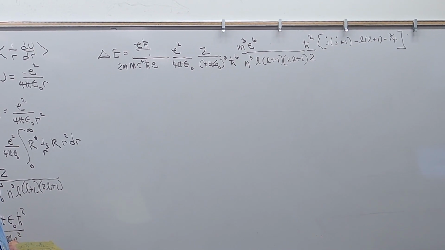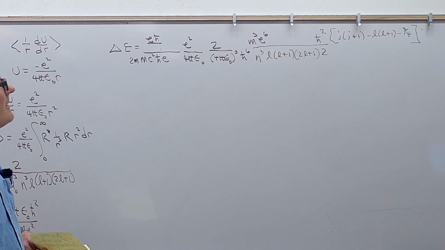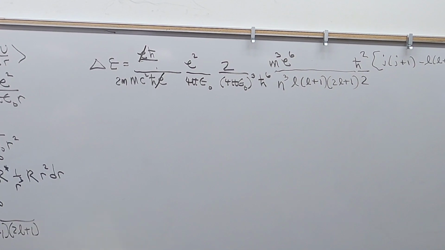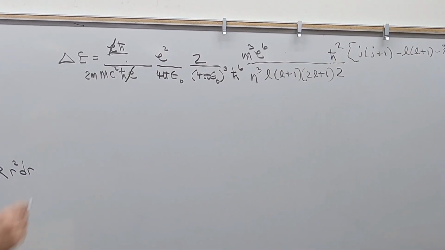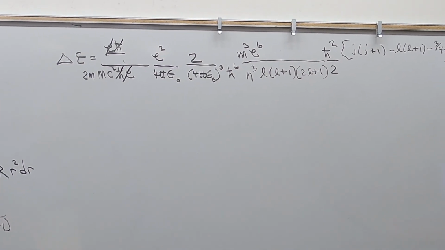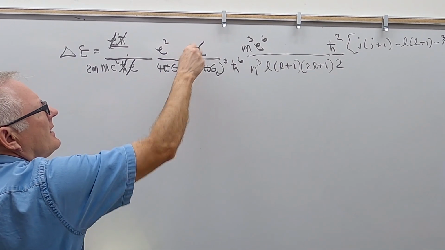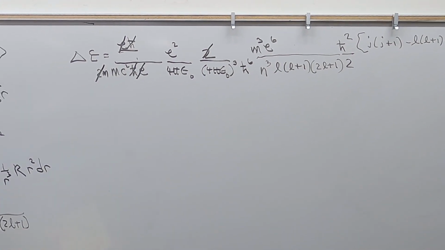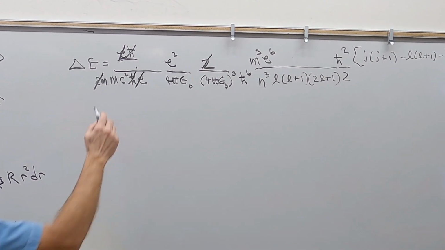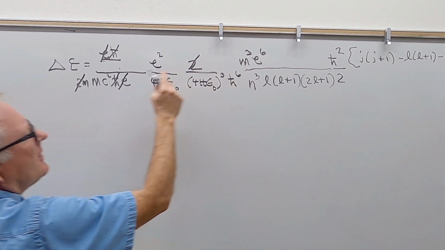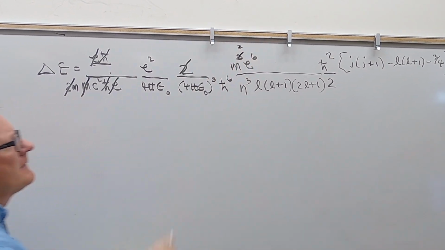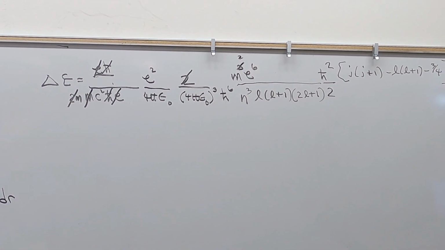Let me see if I can combine most of this together. There's an e here and an e there, and that's gone. There's an h bar here and an h bar there, and that's gone. There's a 2 here and a 2 there, that's gone. There's an m and an m cubed, so that would just make m squared. So let me rewrite that.